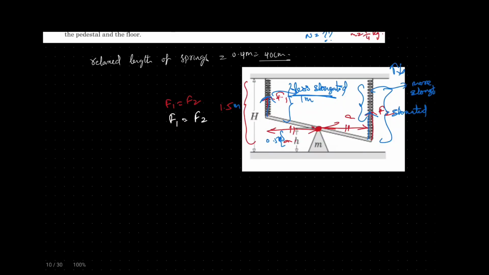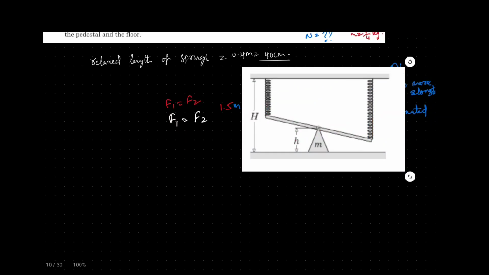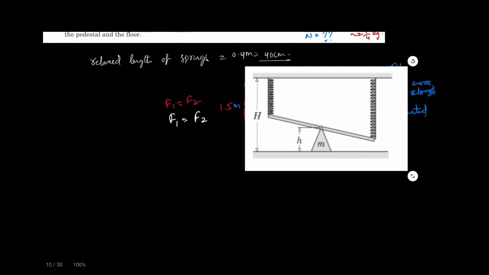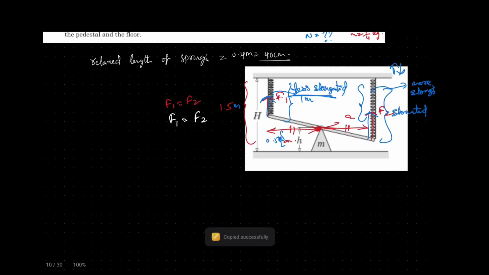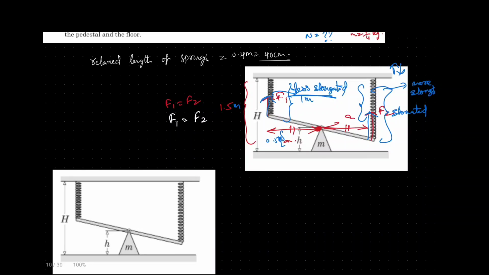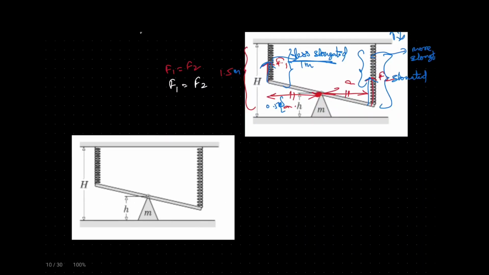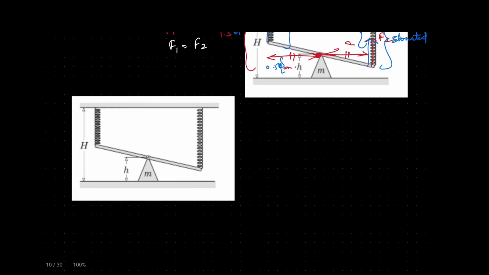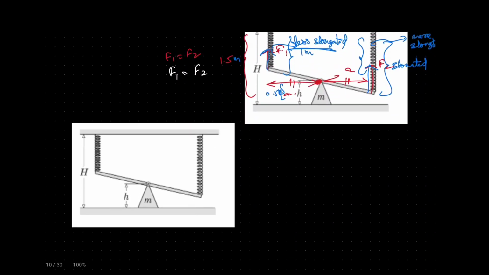So if we take the same picture again, I copy it and paste it here. We understood this is K1 and this is K2, but we don't know the compression or elongation, how much it elongated.